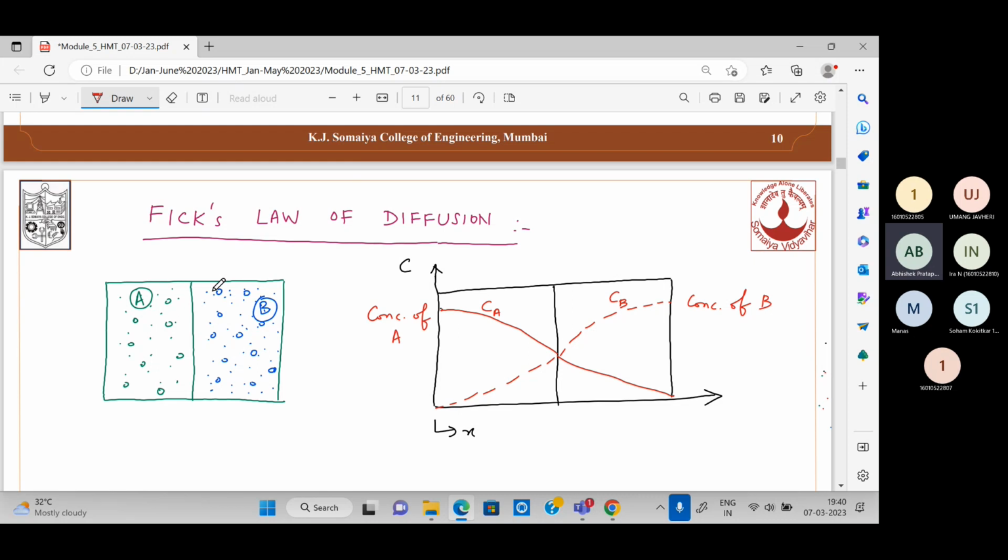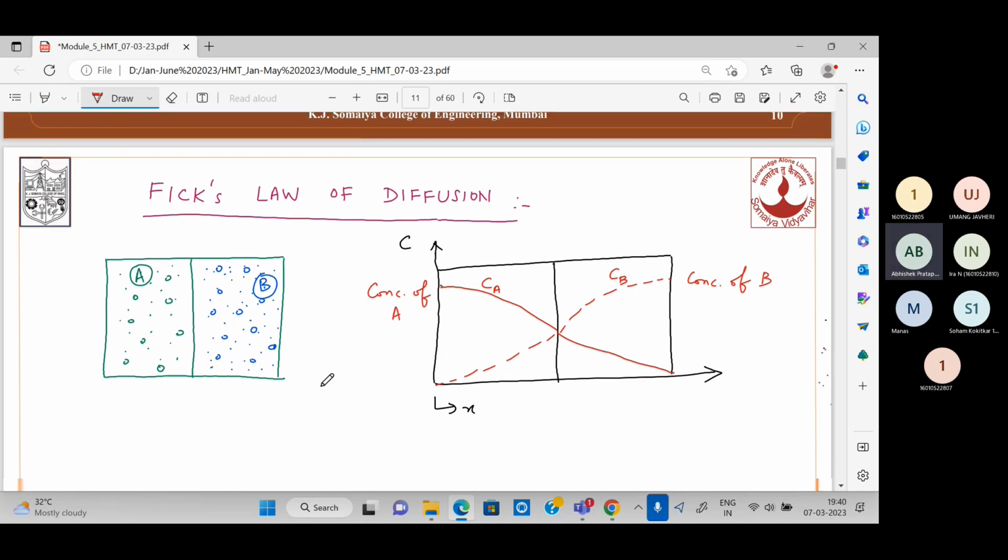Basically, the diffusion rate is governed by Fick's law of diffusion. According to this, in a gas mixture, the diffusion mass flux of a constituent per unit area is directly proportional to the concentration gradient. So what is the statement?